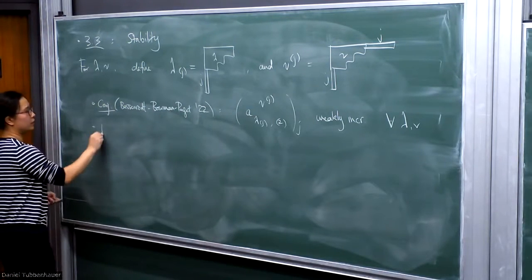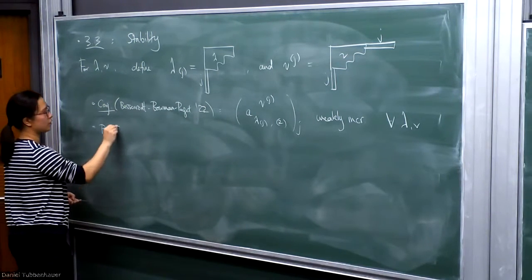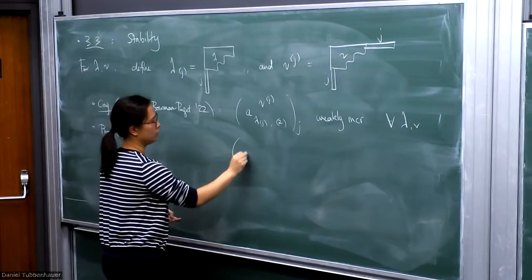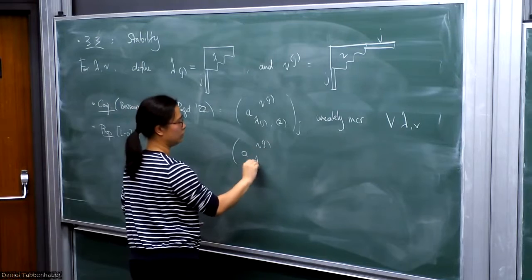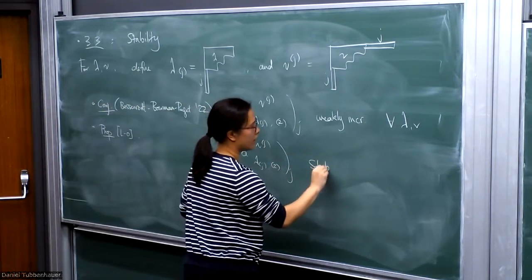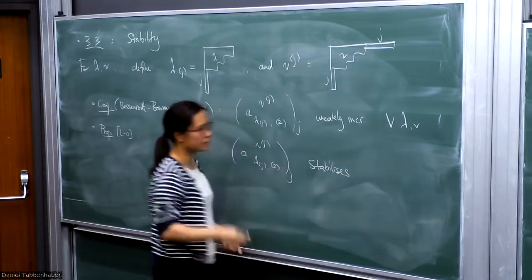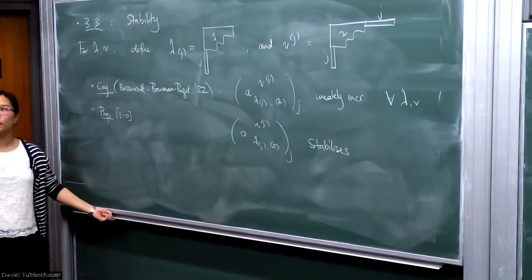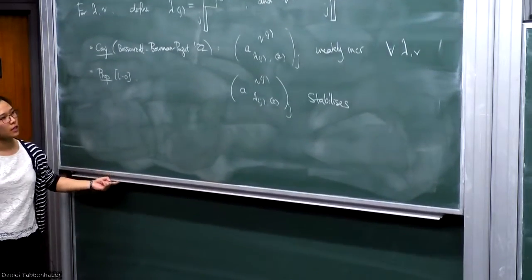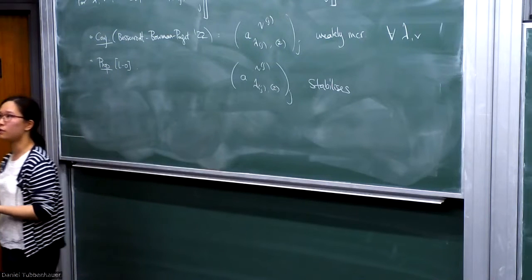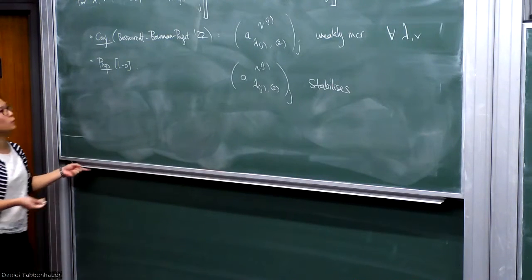So I'll say proposition: these stabilize for all lambda. We can go a little bit further than that. So here we just have 2, but we can generalize that to arbitrary natural numbers m in the following way.